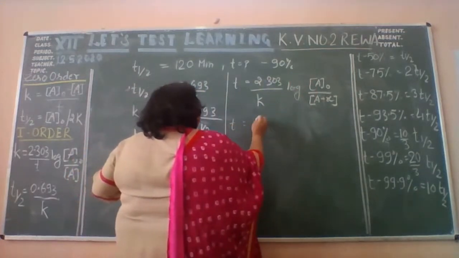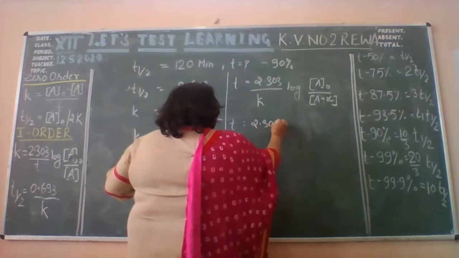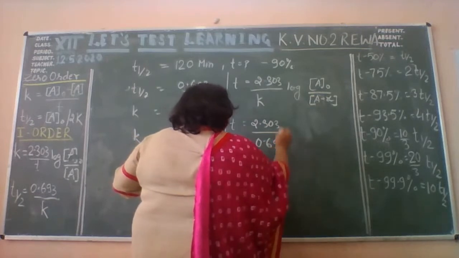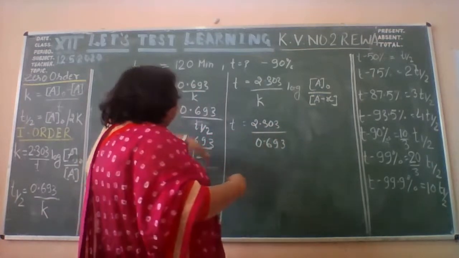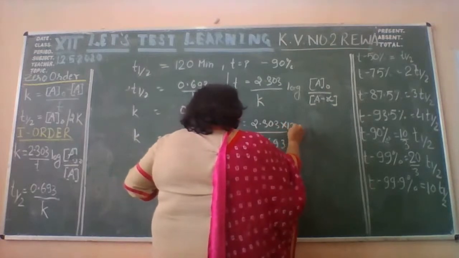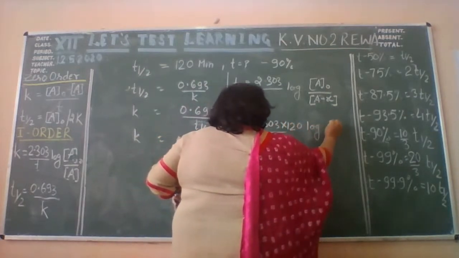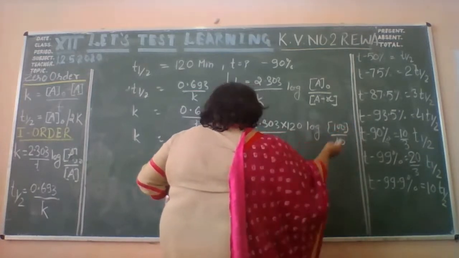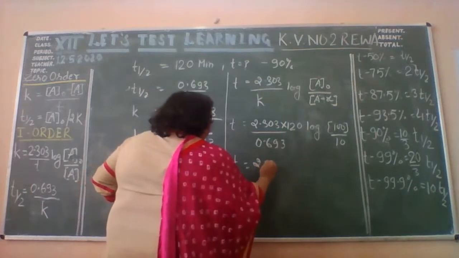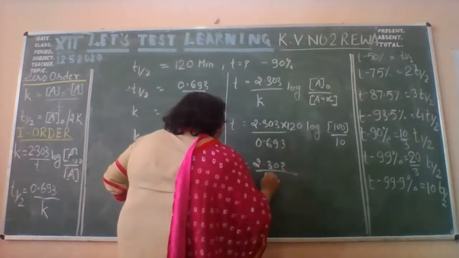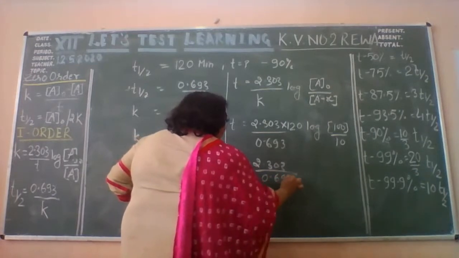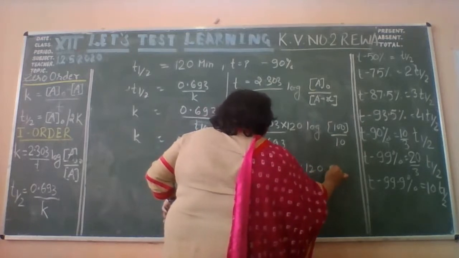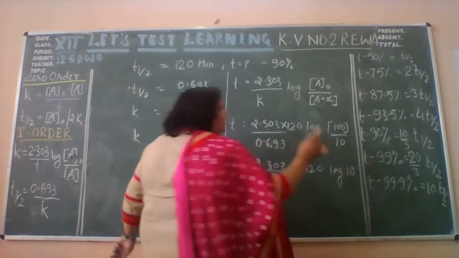T is equal to 2.303. What you are going to write here? 0.693 multiplied. Now this K will go to the upper side, 120 log 100 upon 10. This will be 10. T is equal to 2.303 into 120 upon 0.693, log 10. The value of log 10 is 1.